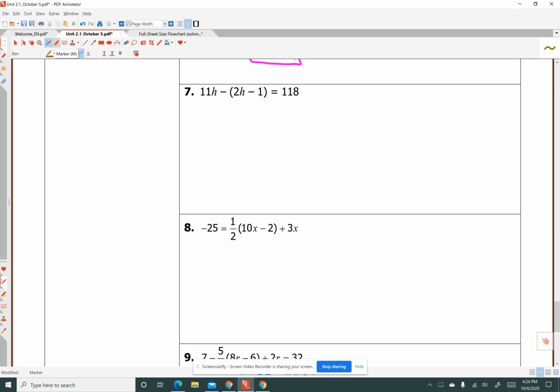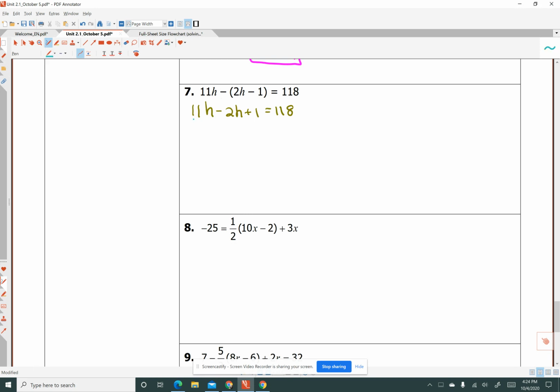And we start here with 11h. Negative 1 times 2 is negative 2h. Negative 1 times negative 1 is positive 1 equals 118. Now, can we combine anything?